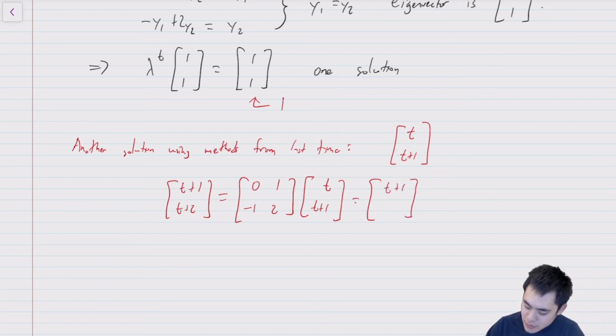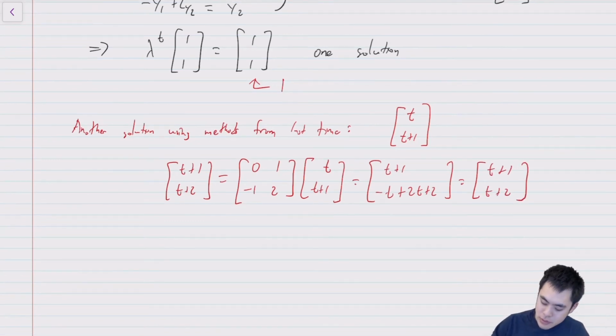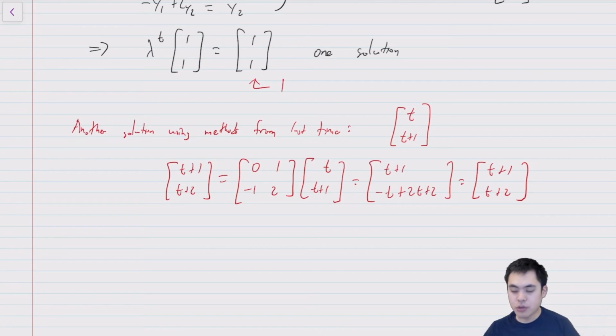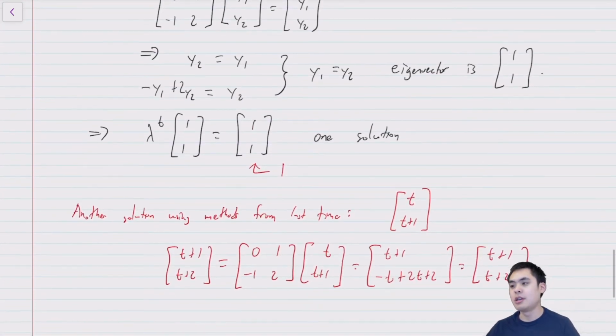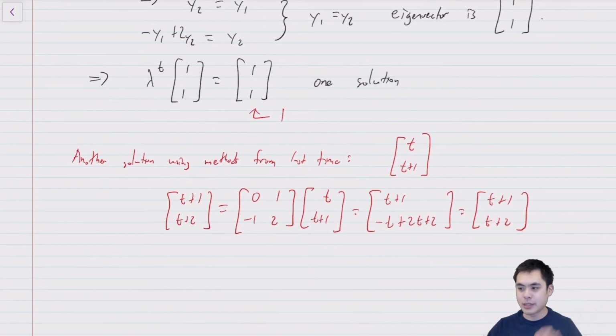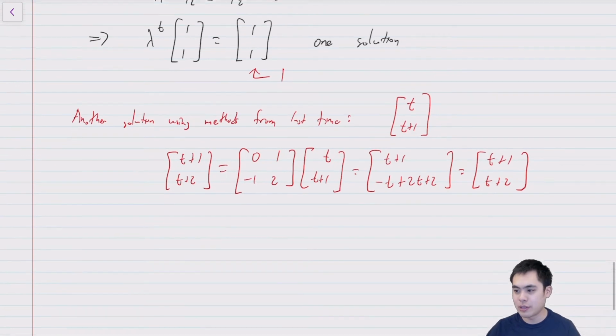And that here is minus t plus 2t plus 2, which is equal to t plus 1, t plus 2. So we couldn't have figured it out directly from just the eigenvalues and eigenvectors. Like I said, that gets a lot more complicated sometimes, and so we're not going to go into that detail.